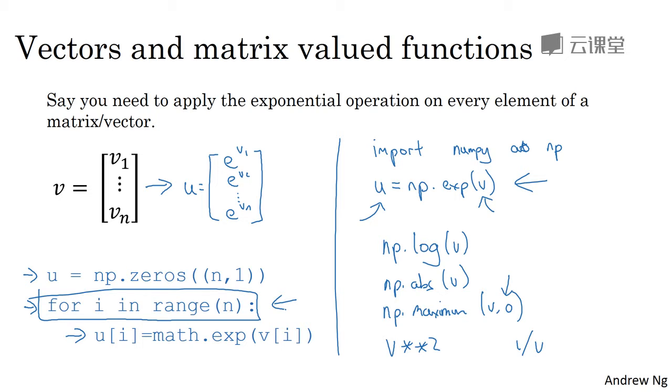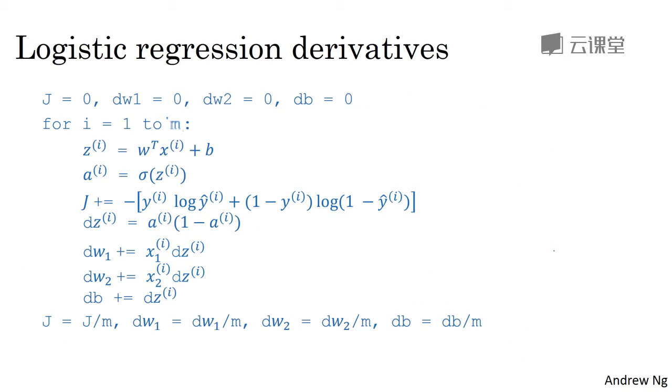So let's take all of these learnings and apply them to our logistic regression gradient descent implementation and see if we can at least get rid of one of the two for loops we had. Here's our code for computing the derivatives for logistic regression. We had two for loops. One was this one up here, and the second one was this one.